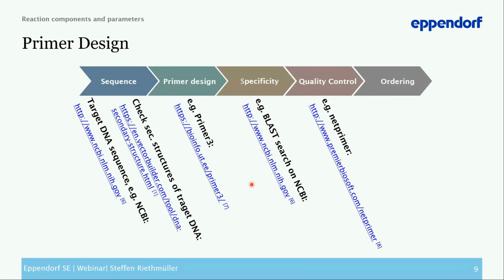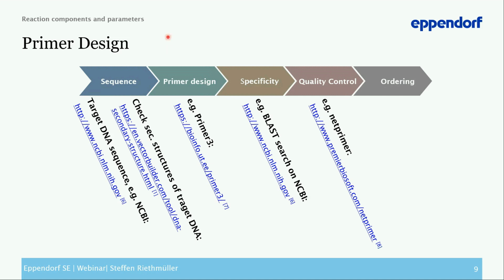Here I just listed a few tools I could recommend to you, which are all for free. So in case you need to design new primers or set up a new PCR protocol, then first it makes sense to look for your target DNA, which you could find, for instance, on NCBI, and then first check if your target DNA has any chance to build secondary structures.